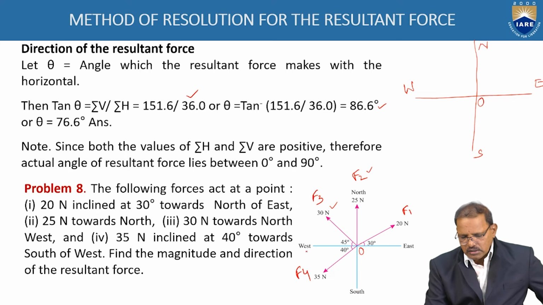According to the given problem, F1 is making an angle of 30 degrees from the positive x-axis, and force F2, which is 25 newtons, is acting vertically upward. F3, 30 newtons, is acting at 45 degrees with the negative x-axis, and the fourth force, 35 newtons, makes an angle of 40 degrees with the x-axis as shown in the figure, which lies in the third quadrant.